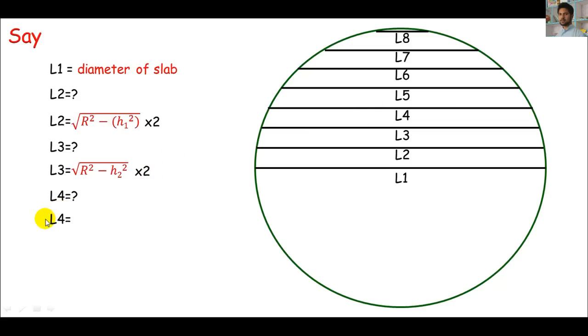What will be L4? It's the same method: R square negative H3 square, times 2. This is just a nice formula for calculating these lengths and so on.